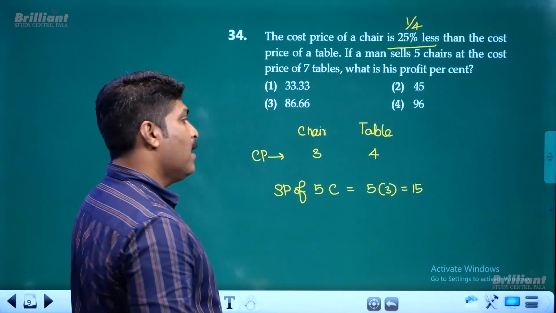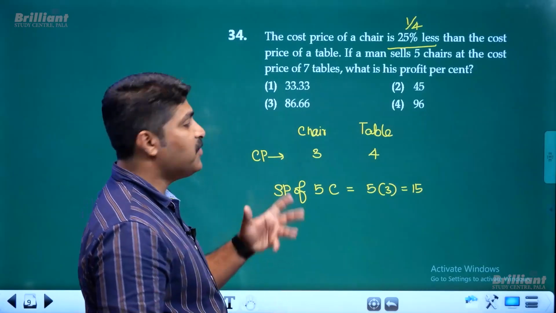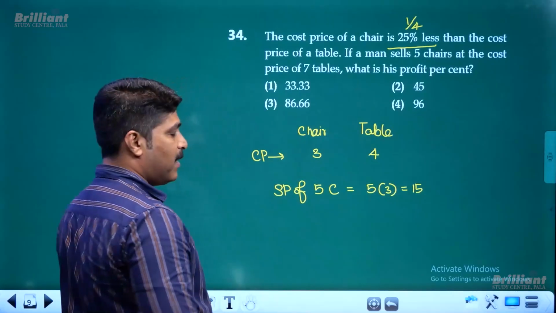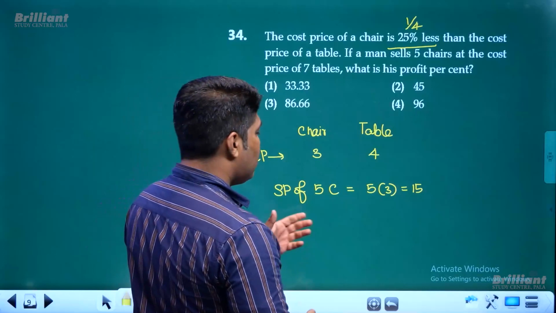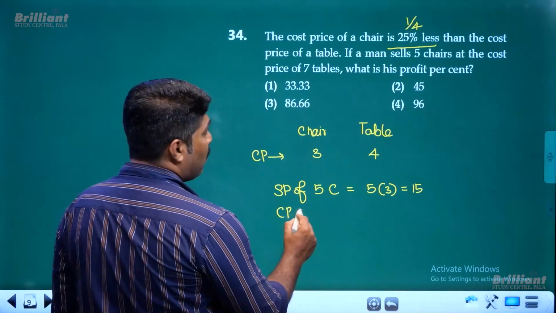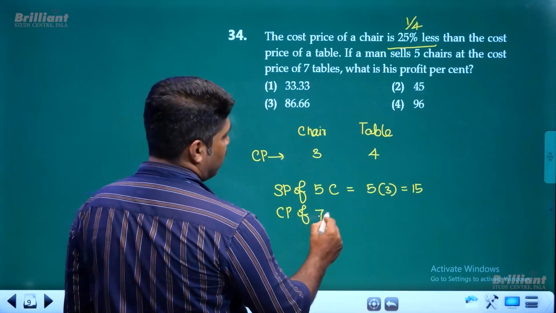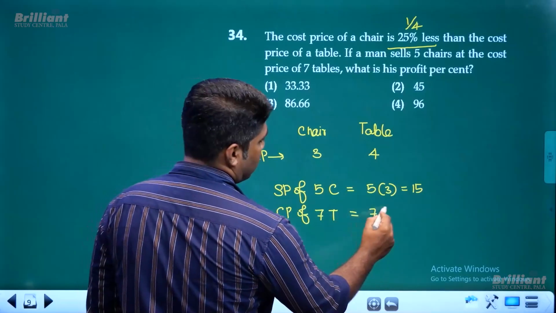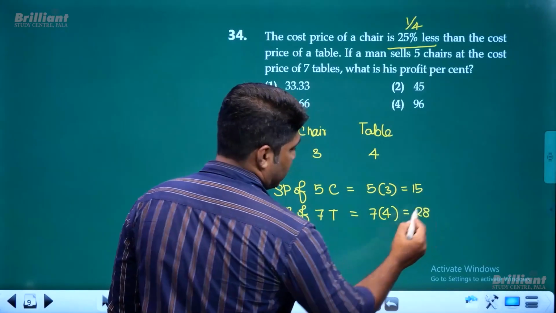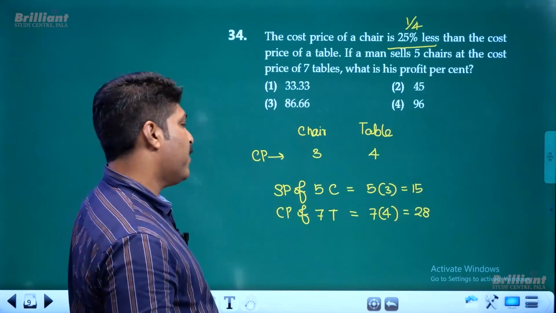Correct. He is actually selling 5 chairs. That means his cost is 15 rupees. Correct. So that is his cost price. And the cost price of 7 tables: you can consider that equal to 7 into 4, that is 28. Clear? So actually what happened here?